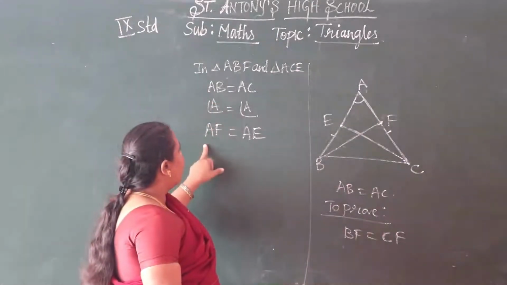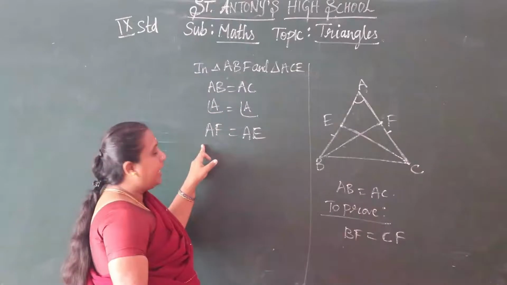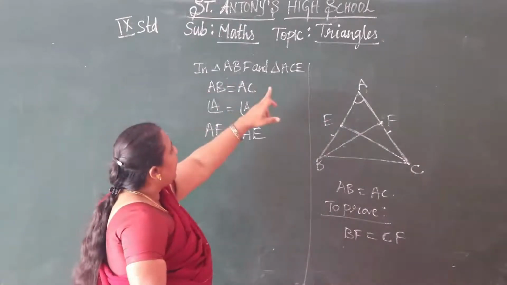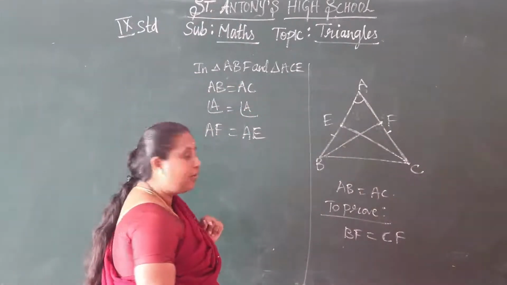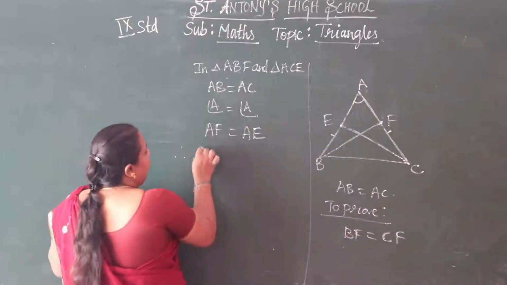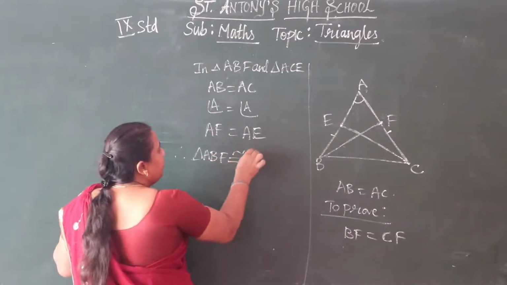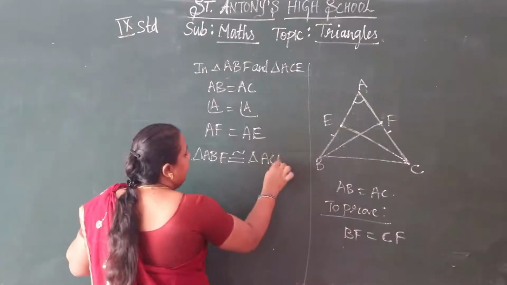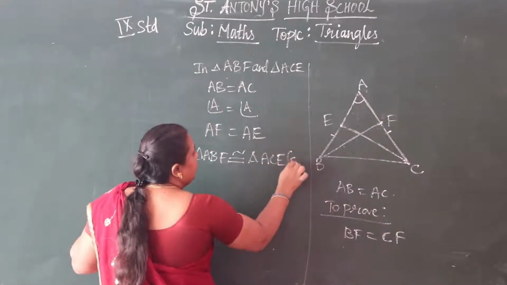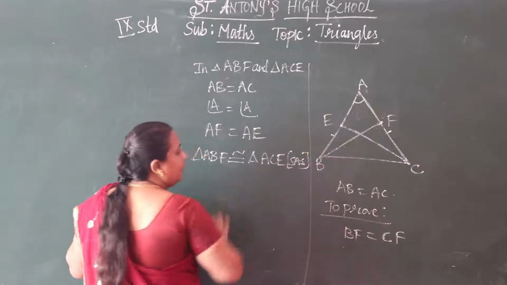By these three concepts, side, angle, side, we can say that the two triangles are congruent. Therefore triangle ABF is congruent to triangle ACE by the SAS congruence rule.